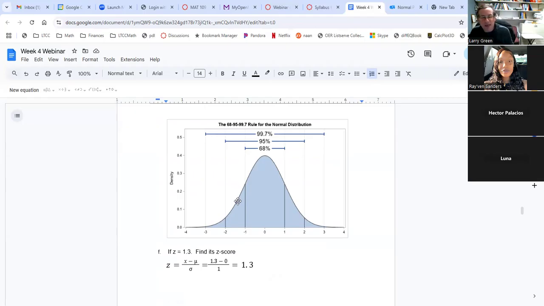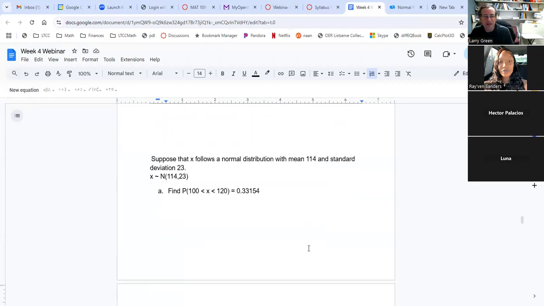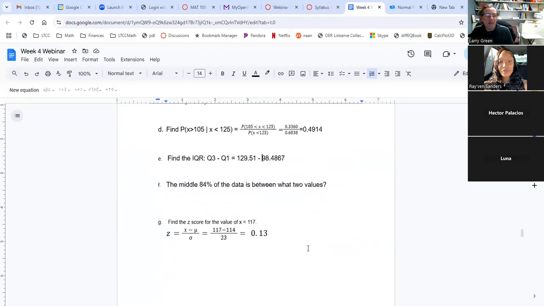And then that means the left tail will be half of that, which is 8%. So note that that means the left tail is 0.08 probability.